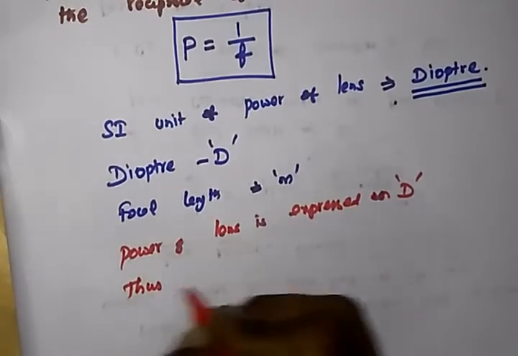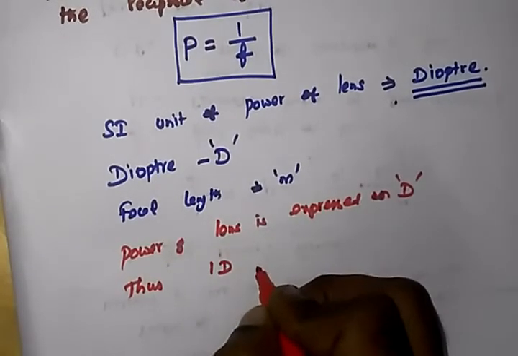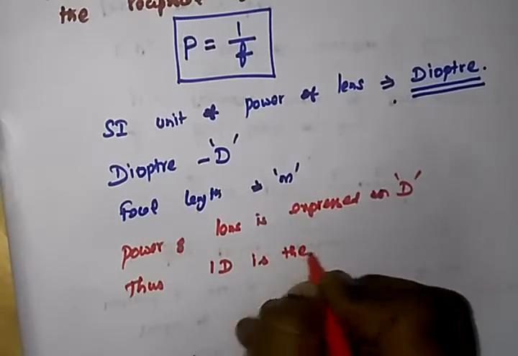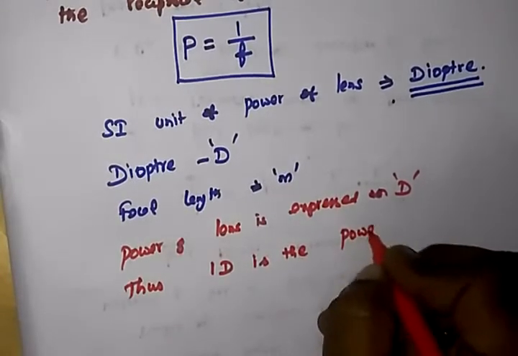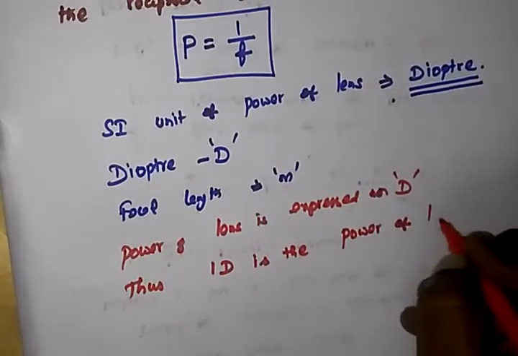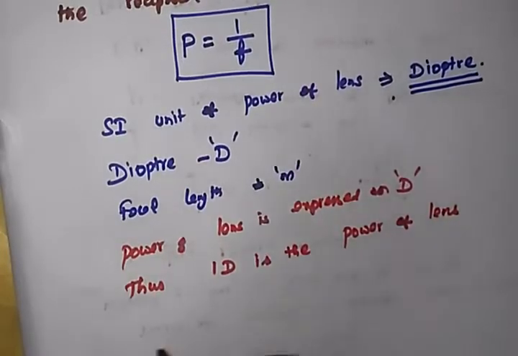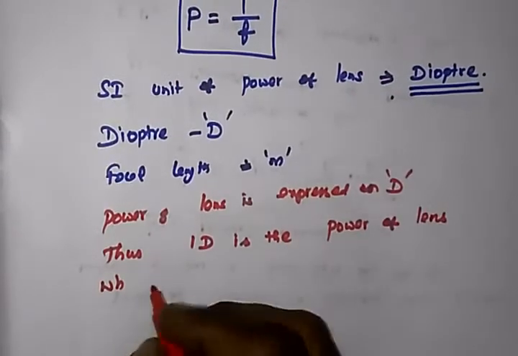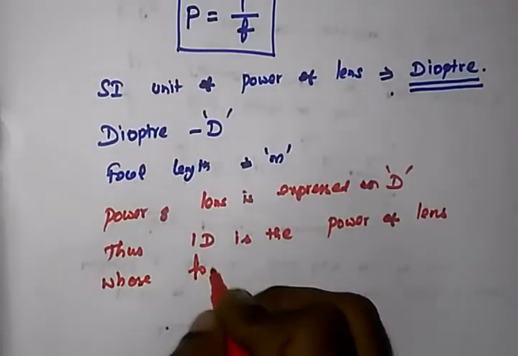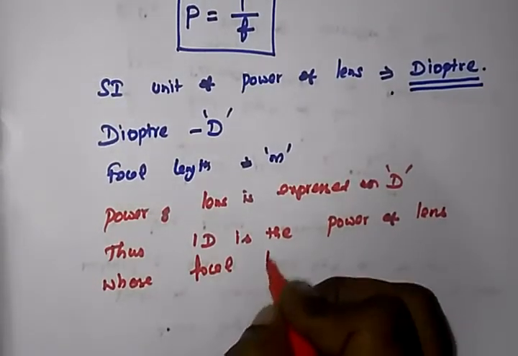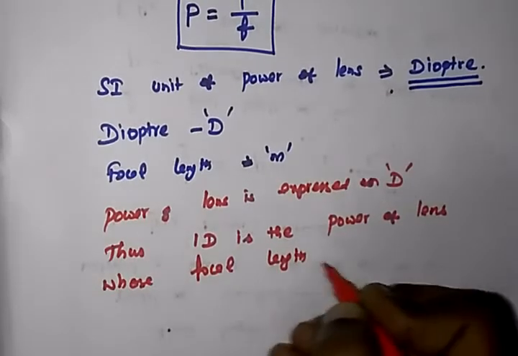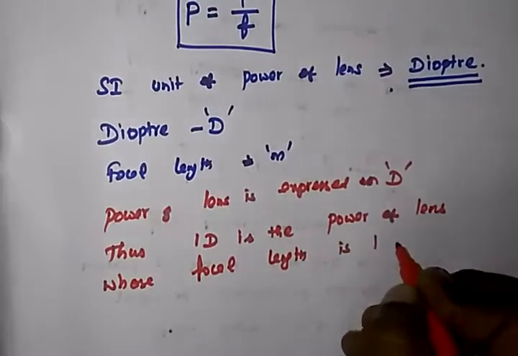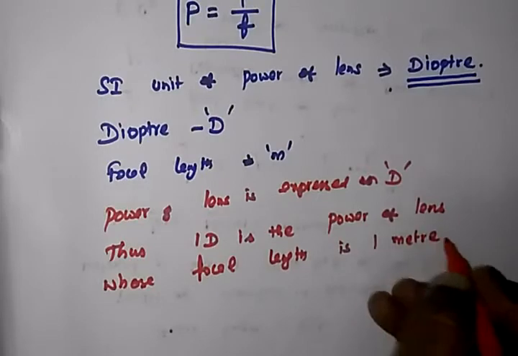Thus 1 D is the power of a lens whose focal length is 1 meter.